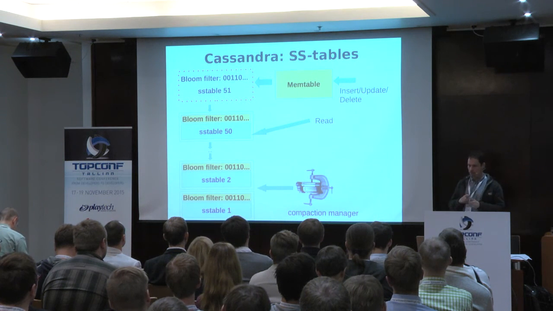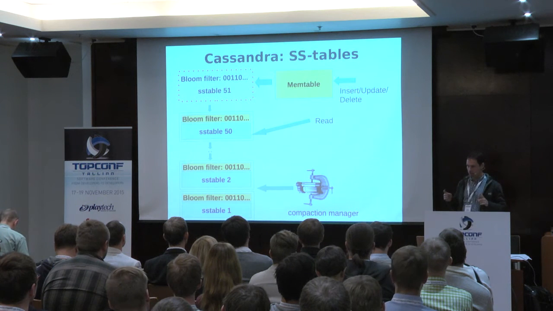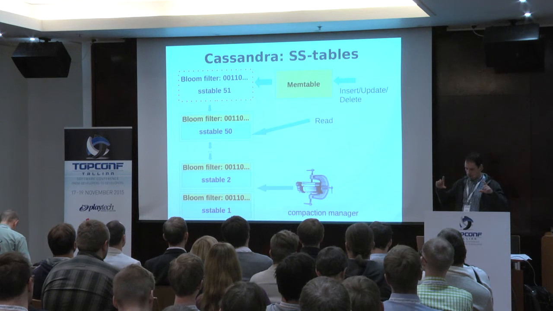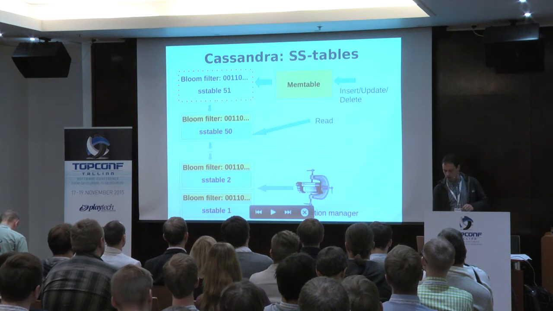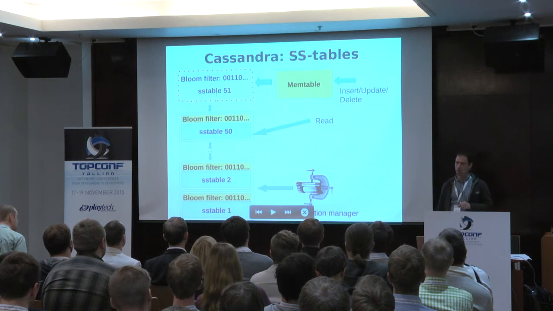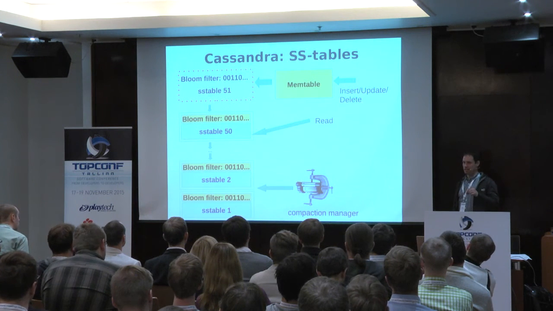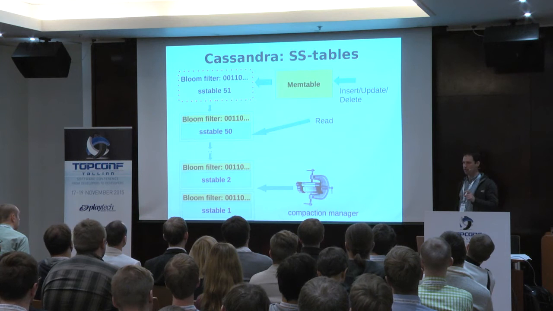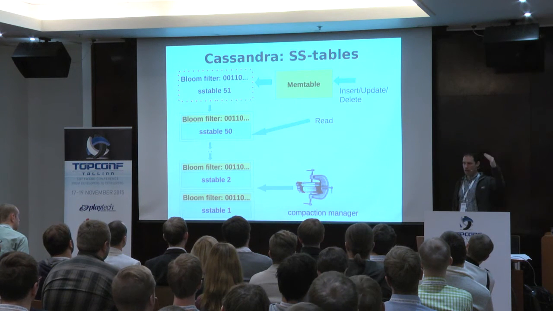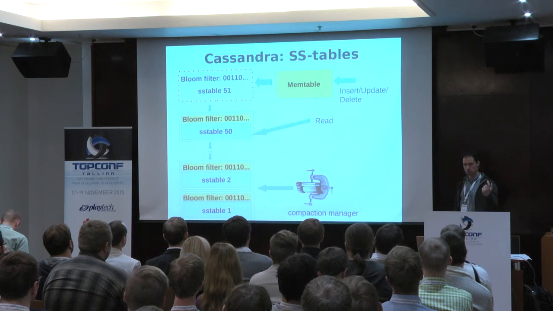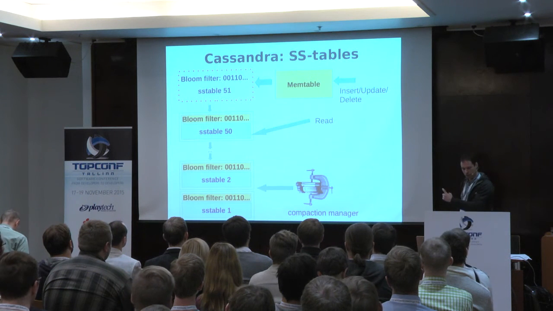And as soon as this memtable is filled in, it's converted to an SSTable, which stands for sorted string table. It is a disk file, and all elements inside this sorted string table are ordered by our partition key.